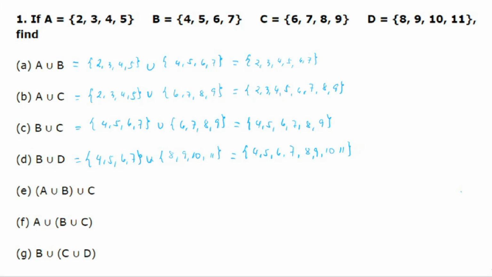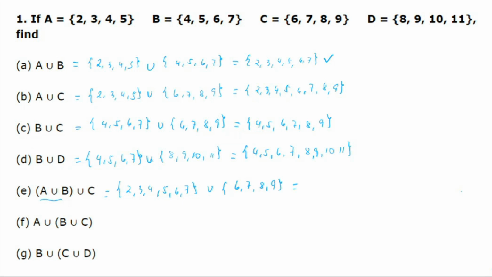And for letter E, we have the quantity of A union B, union C. We already have the answer for A union B, so I'll copy that here. A union B is 2, 3, 4, 5, 6, and 7. And then union C, which is 6, 7, 8, and 9.